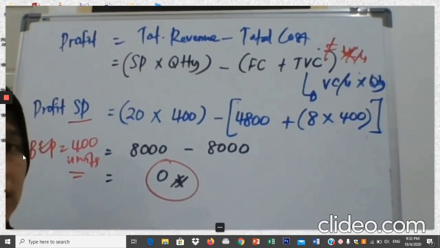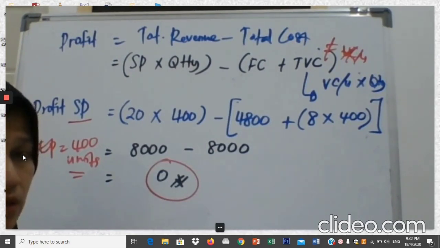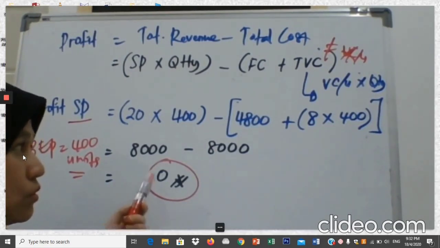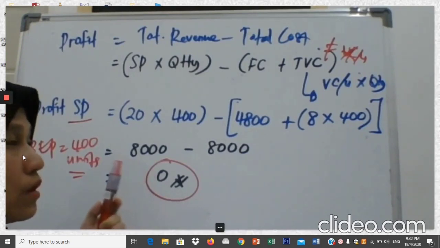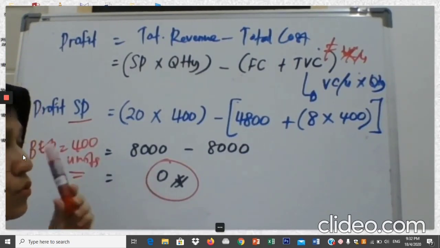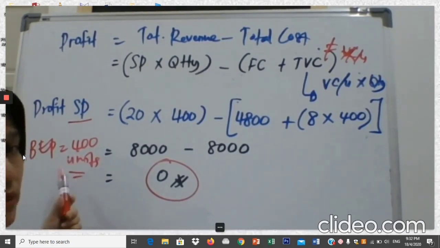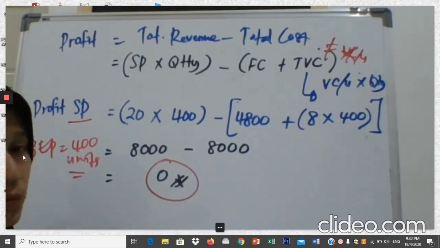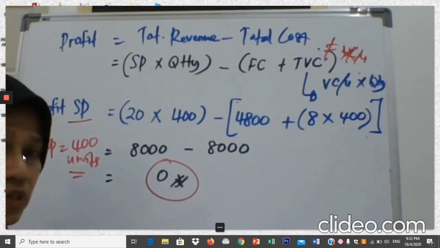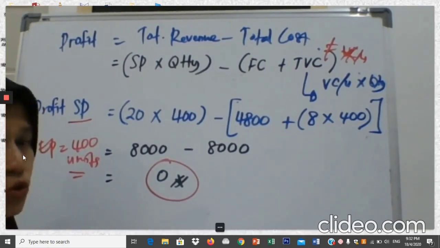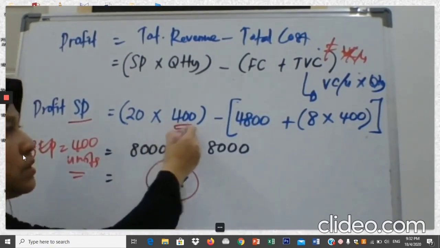But when you are asked to calculate profit in the exam, you don't use the break-even point unit. When a profit question is asked, then normally the quantity will be given in the question. So you use that quantity to replace this.